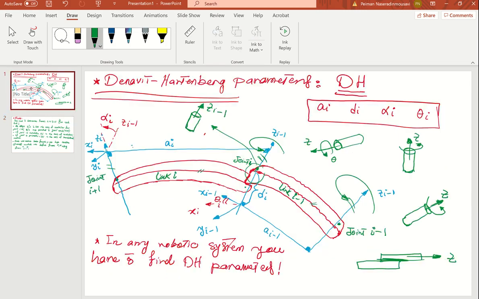See? I minus 1, then we are setting up frame i. Oh, this is minus 2, guys. I minus 2, frame i minus 1, frame i. Okay? Understand? So this is i minus 2, i minus 1, and i. This is an iterative process. So we're starting from the base frame, going up.